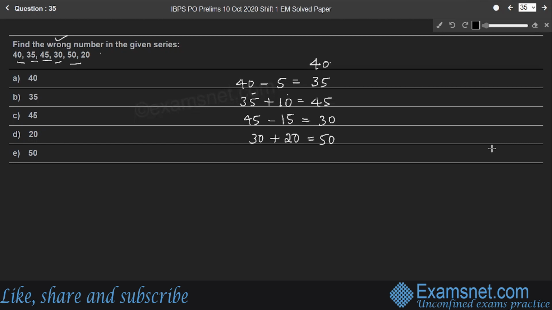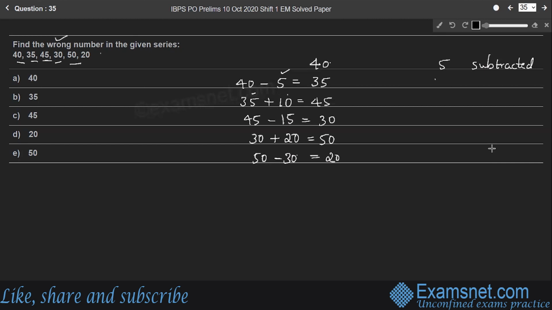And the last number is 20, its previous number is 50. Therefore, a number should be subtracted from 50 to get 20, the last number. So in the first case, 5 is subtracted from the previous number.